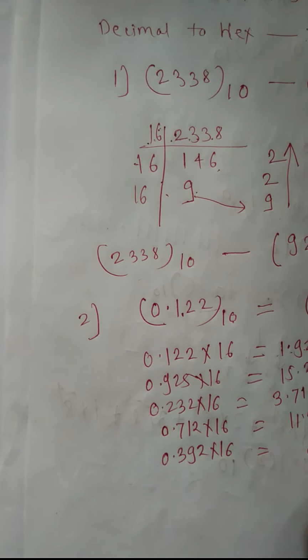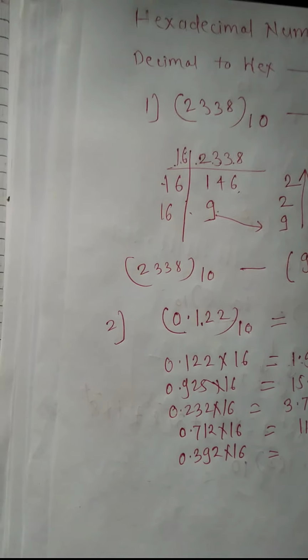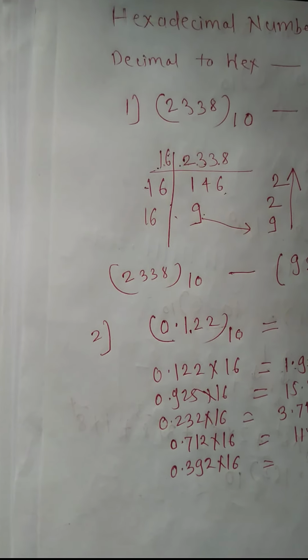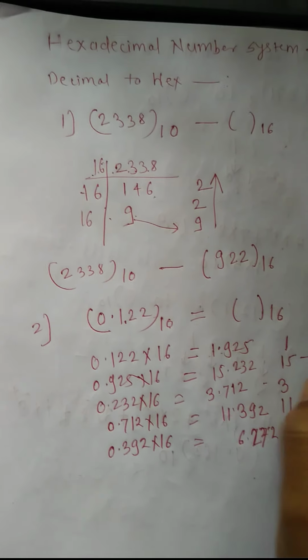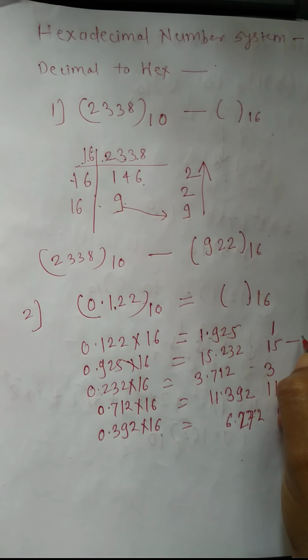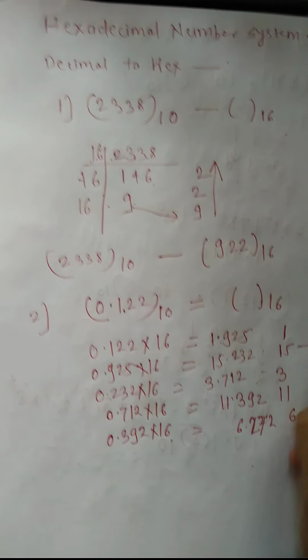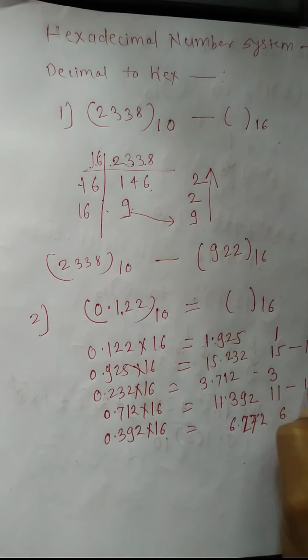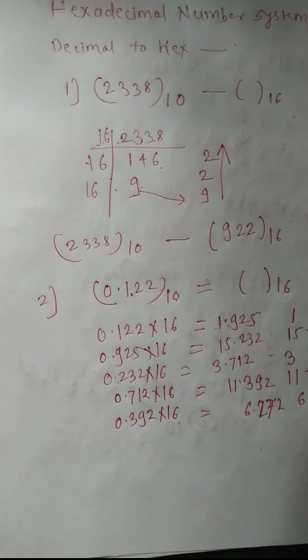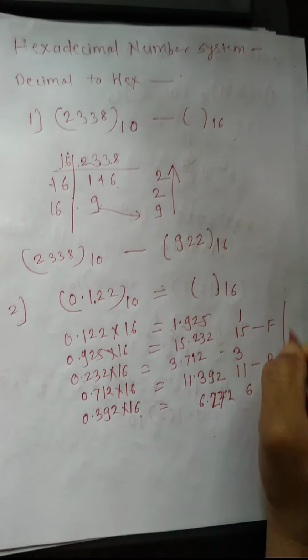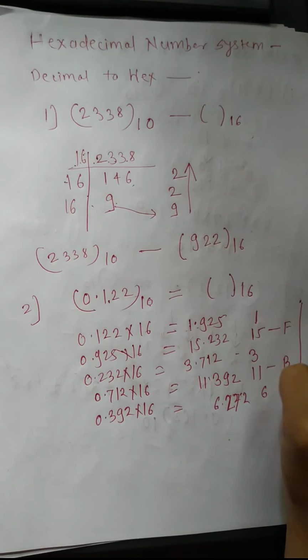So from this 6 is recorded as the answer. In the hexadecimal number system, 15 is represented as F and 11 is represented as B. So the answer is noted from top to bottom.